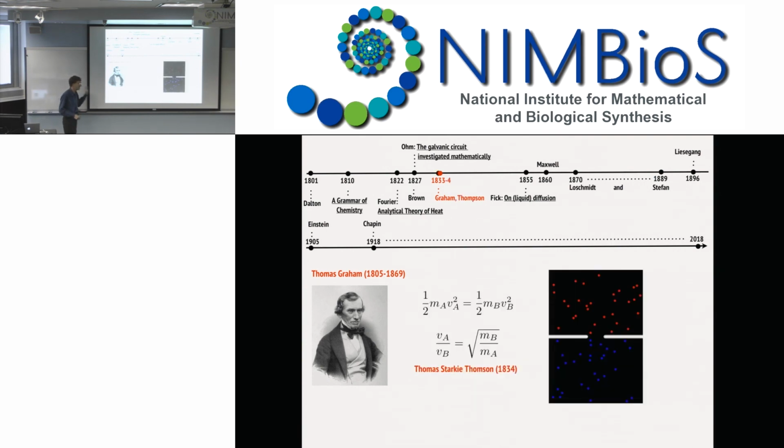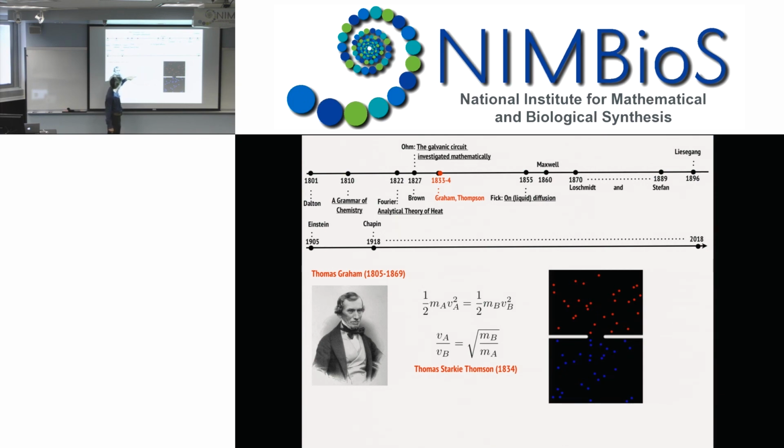Okay, so Graham himself didn't really set down the law. We saw that Fick didn't observe that as well. But Thomas Thomson, a little bit later, wrote down the following law, which is now known as Graham's law of effusion.